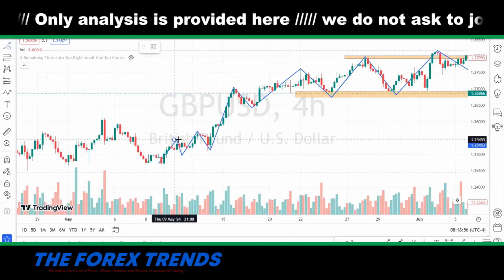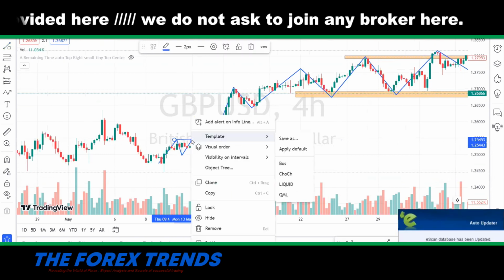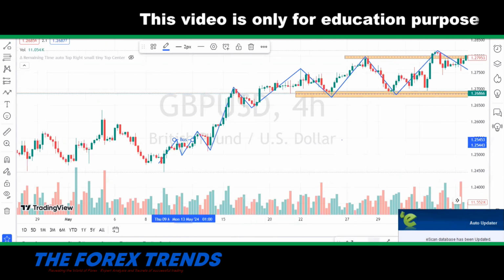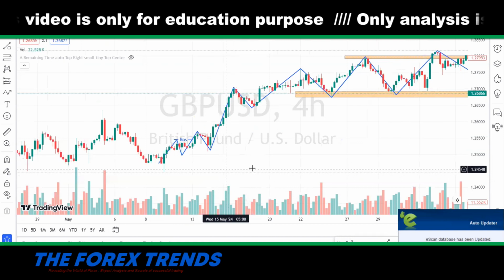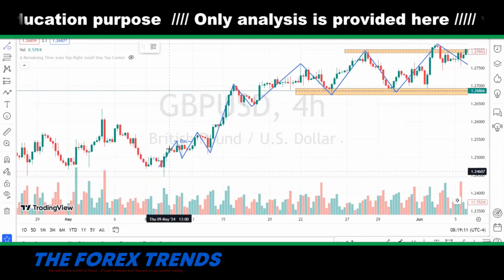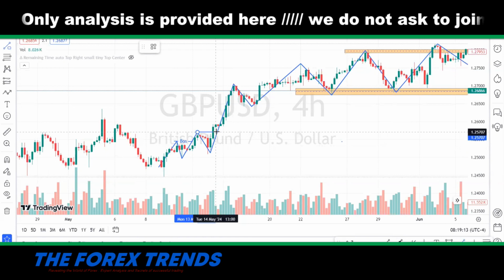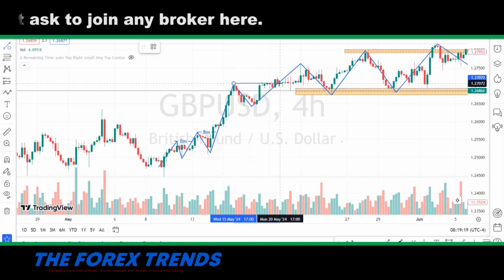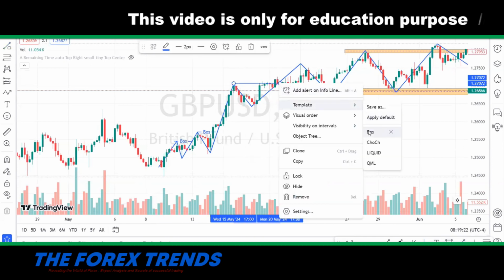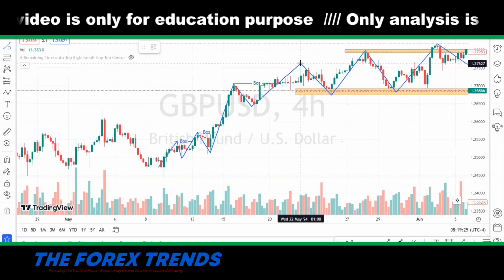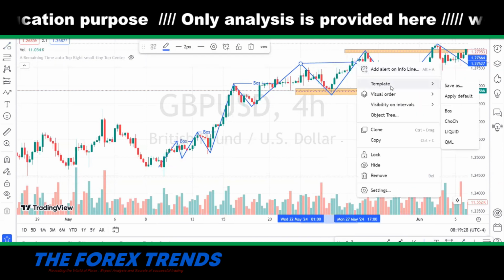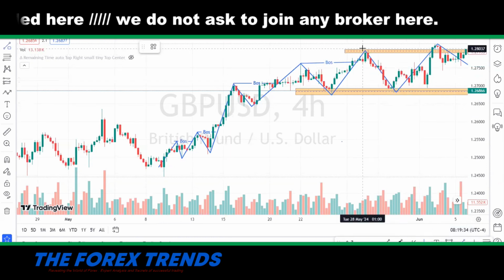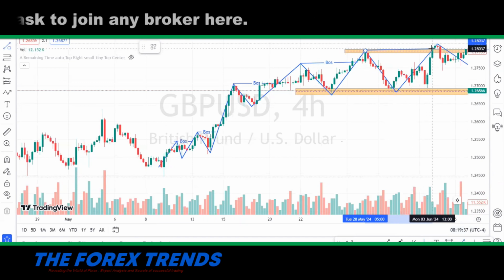As per structure, it is a break of structure, and wait a minute, it is the first break of structure, and then this is another break of structure, and then this is another break of structure, and then this is another break of structure, and then this is the last break of structure.